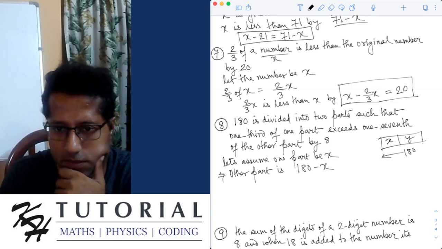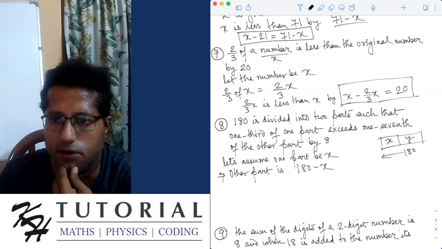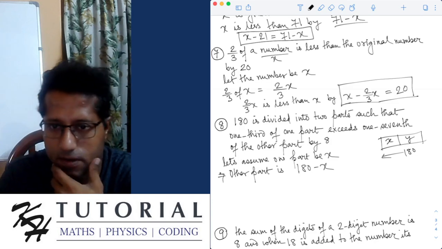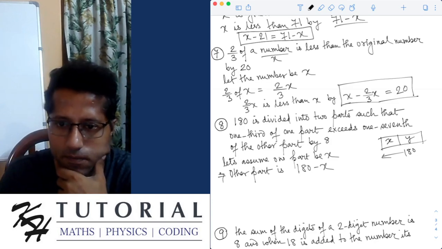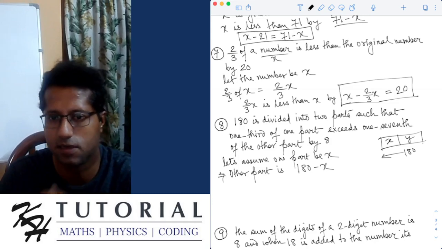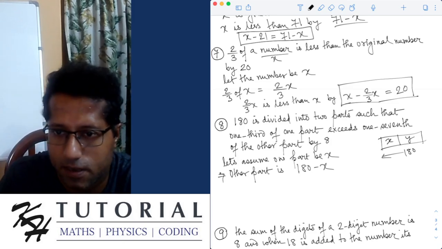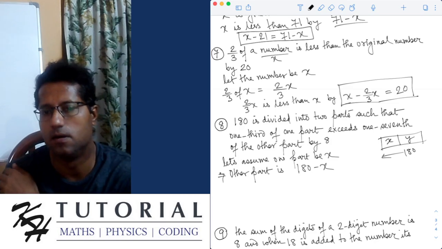So the other part is 180 minus x. Now it is saying that 1/3 of one part, we have assumed 1/3 of the one part. So let's say we take 1/3 of x. So 1/3 of one part exceeds 1/7 of the other part by 8.